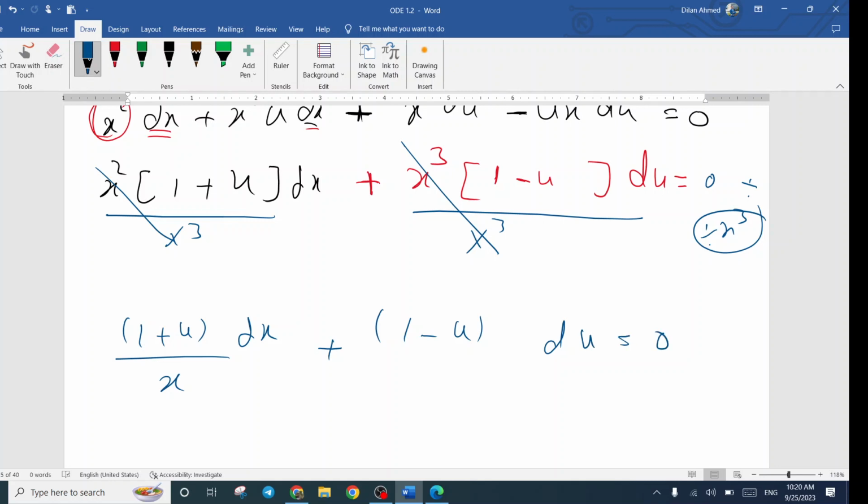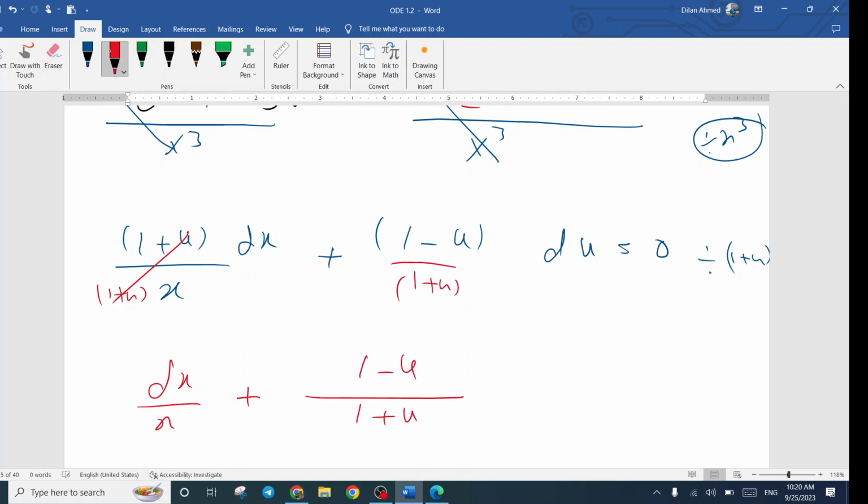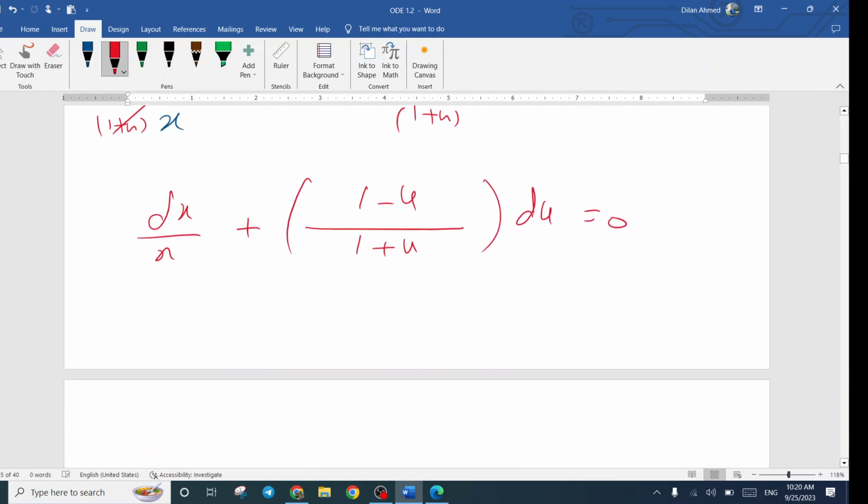That's why we need to separate u and x. Good. Then let me divide by 1 plus u. I'll get what? Now is it separable or not? It's separable. You know how to solve this.